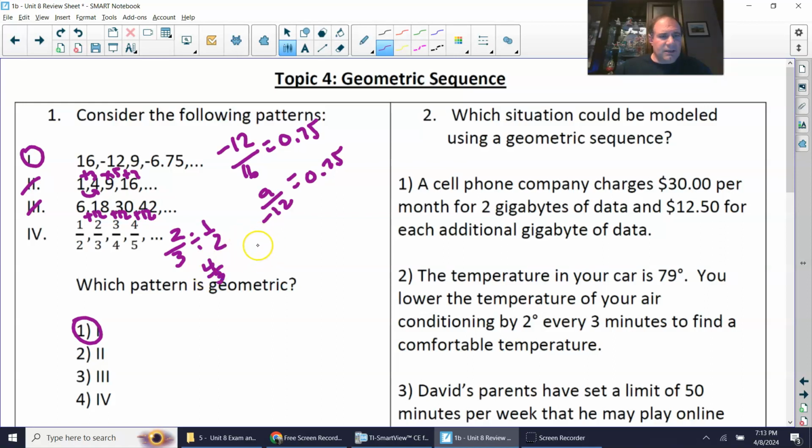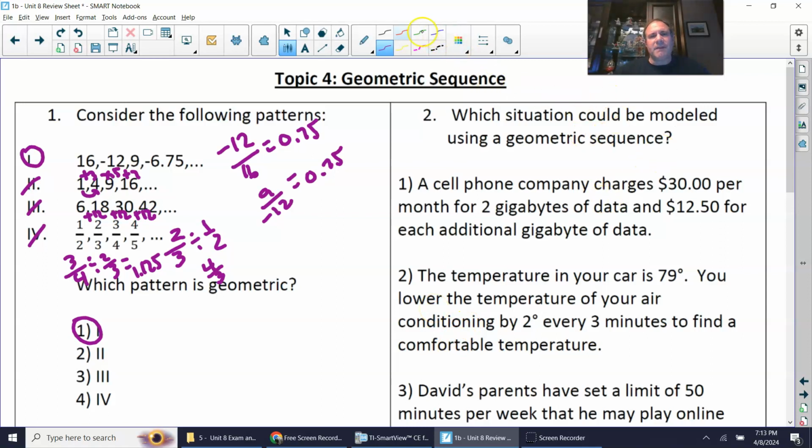And then if you did 3 over 4 divided by 2 over 3, you get 1.125. So this is not geometric because it doesn't remain the same throughout.